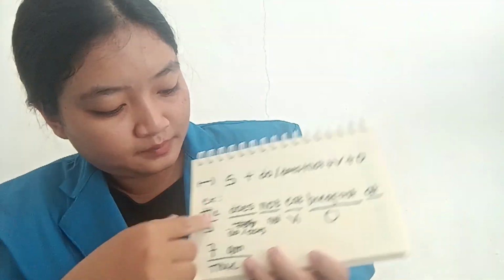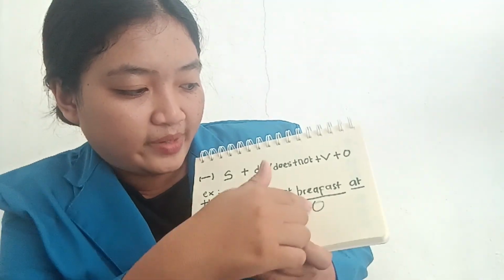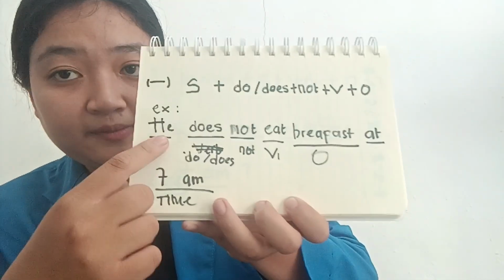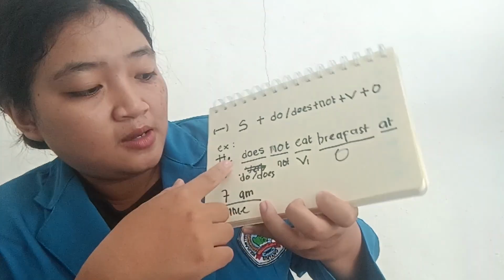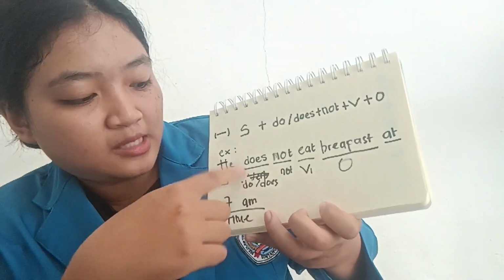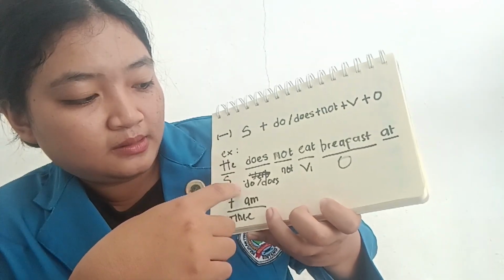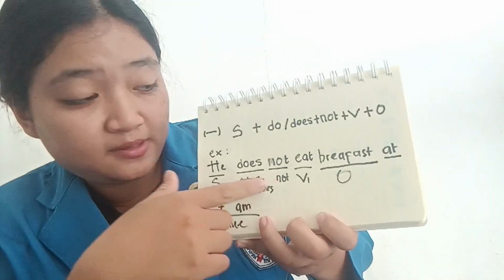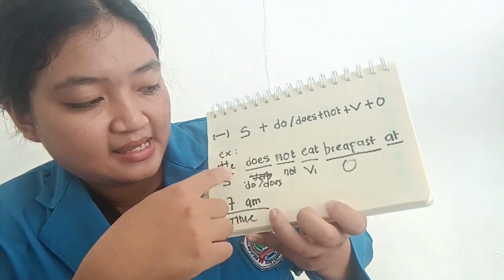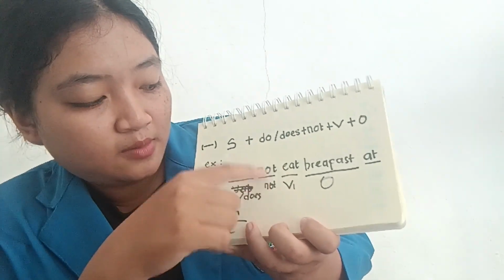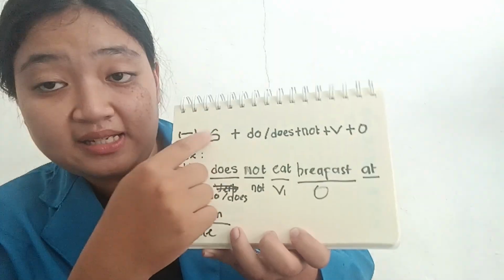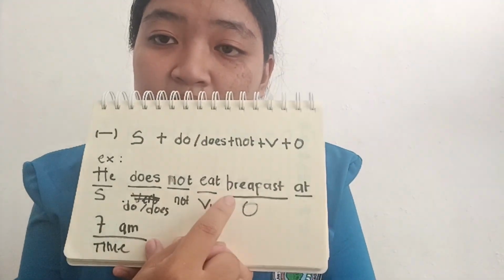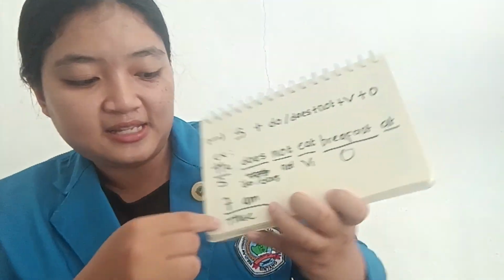For example: he does not eat breakfast at 7 a.m. The subject is he, so we use does because the subject is he, plus not because this is negative tense, and the verb is eat, the object is breakfast, and the time is at 7 a.m.